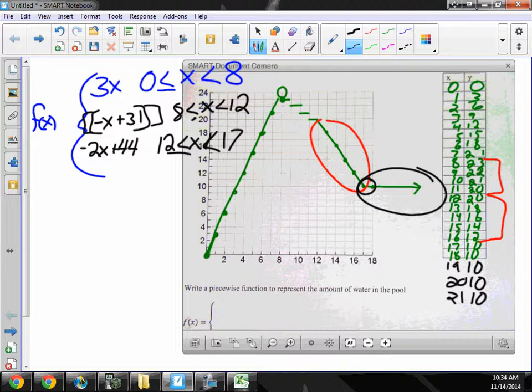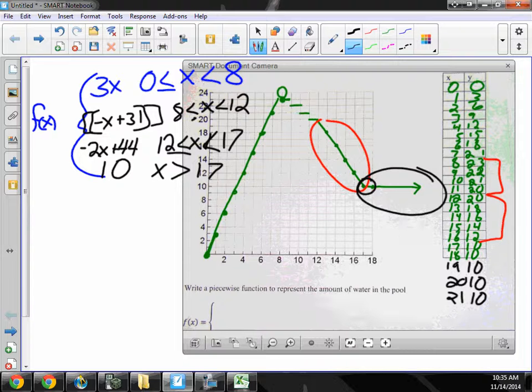So the function is the number 10. No matter what x value you pick, the y value will always be 10. And then when does that function exist? From 17 up to infinity. So we would say x is greater than 17. But now we have to pick.